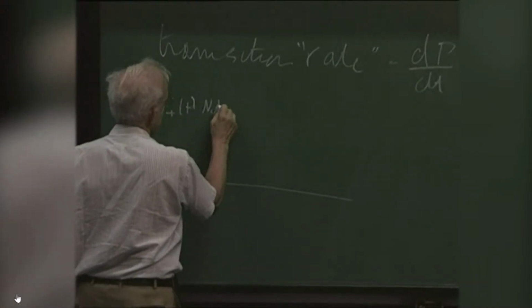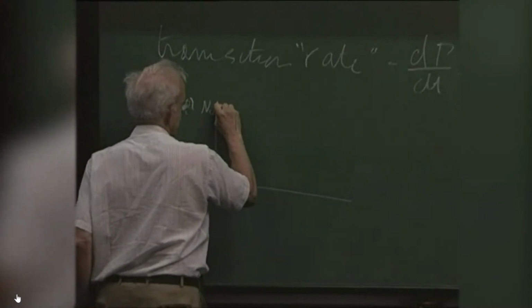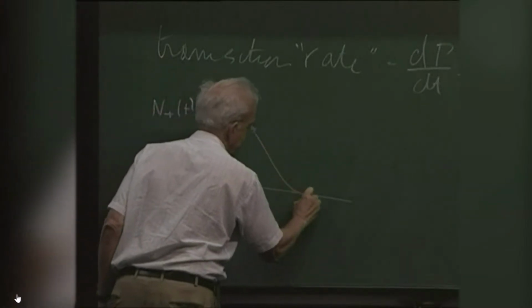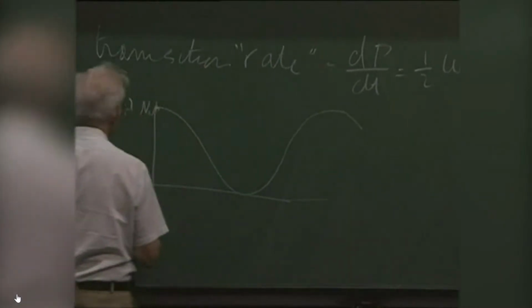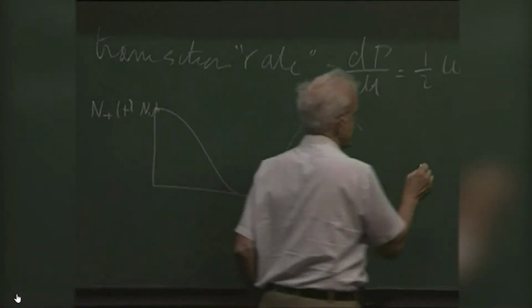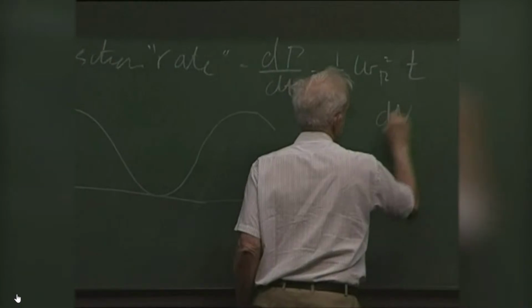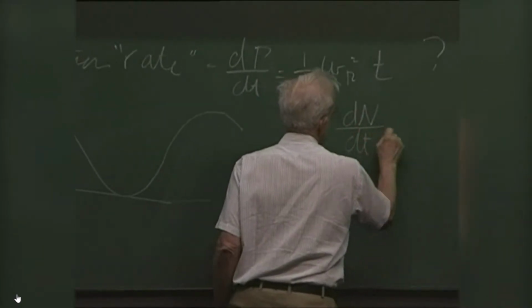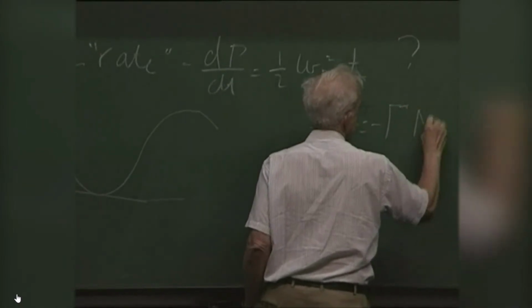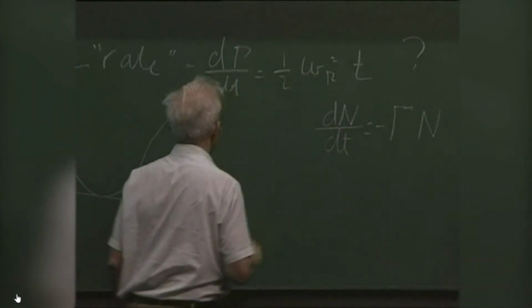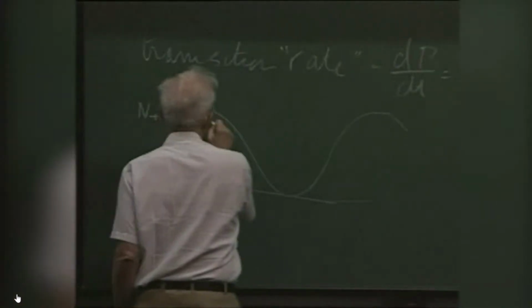What we're going to see over here is that it is oscillating back and forth like that. Whereas normally you'd expect that dn by dt is equal to minus some rate times n. This is a normal decay curve. You'd expect it to behave like this.